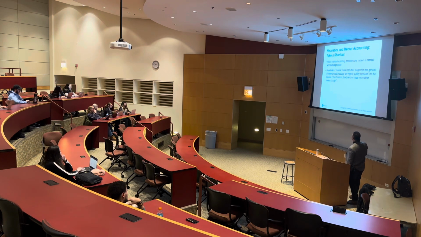Mental rules of thumb range from the general, like high price means high quality, thinking that if it's more expensive, it's better quality, which is usually a line of shortcut thinking, to the specific, like buying the brand of sugar my mother always bought.